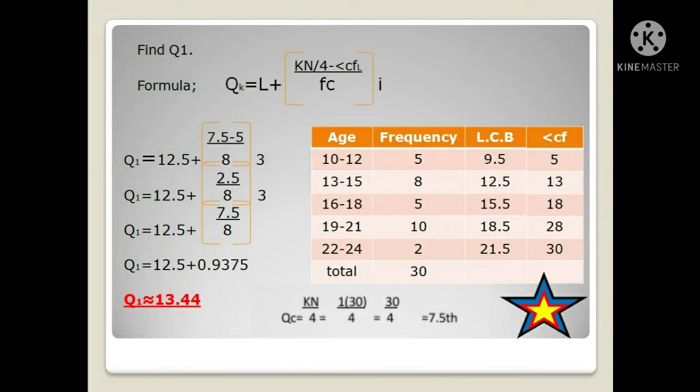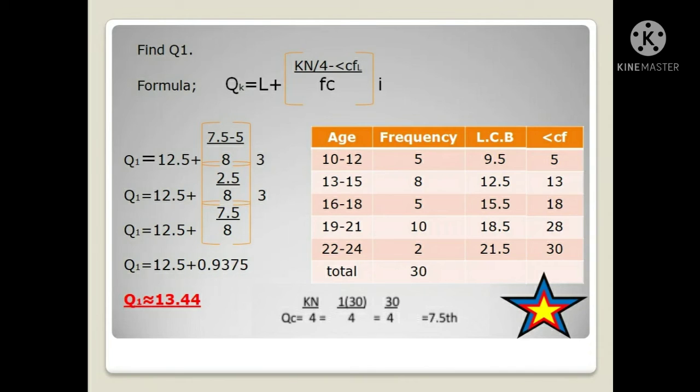So our Q1 is equal to 12.5 plus open parenthesis 7.5 minus 5 divided by 8 times 3. 3 is our interval. 7.5 minus 5 is equal to 2.5. 2.5 times 3 is equal to 7.5, and divided by 8 is equal to 0.9375, plus 12.5 is equal to 13.44.